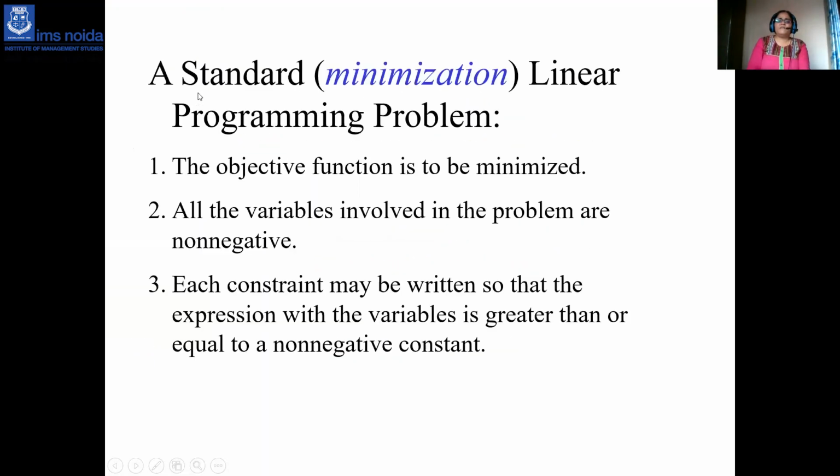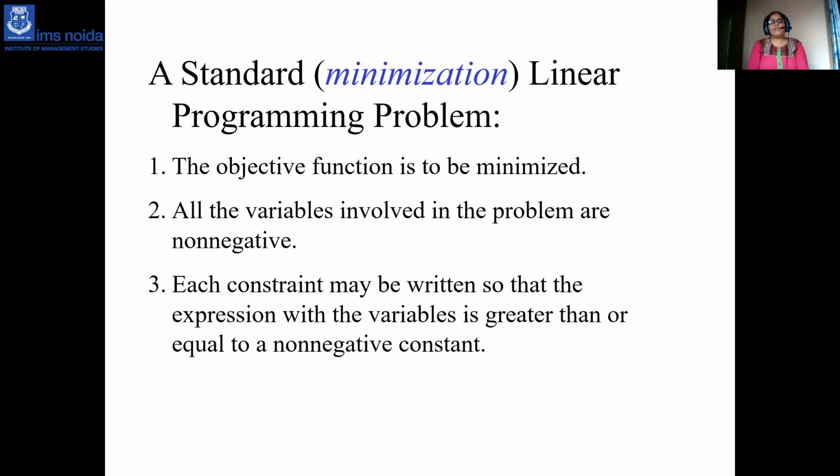So this is one example of a standard minimum linear programming problem where the objective function is to be minimized. All the variables involved in the problem are non-negative, that means more than or equal to 0: the decision variables x1, x2 used here in the constraints are non-negative.